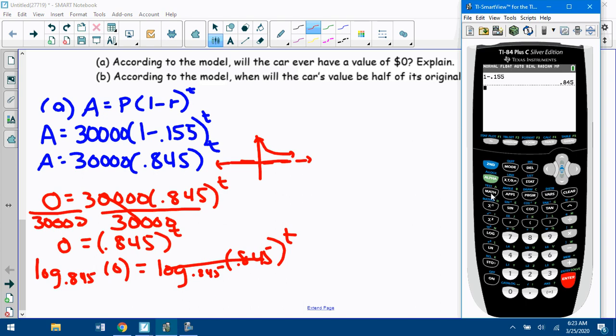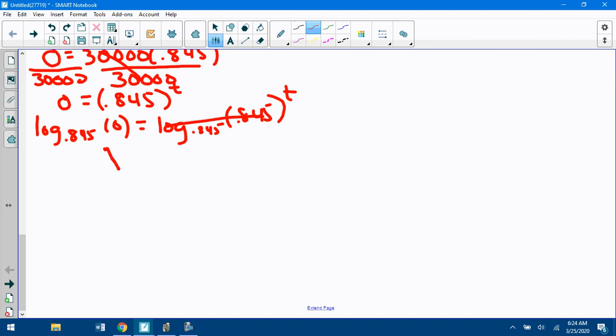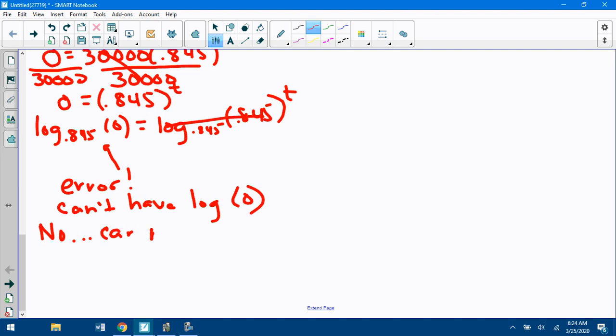And hopefully you already know what's going to happen when I do this. Log base 0.845 of 0, it is error domain. Why? Because you can't take a log of 0, right? Error, can't have log of 0. So no, car never has a value of 0.